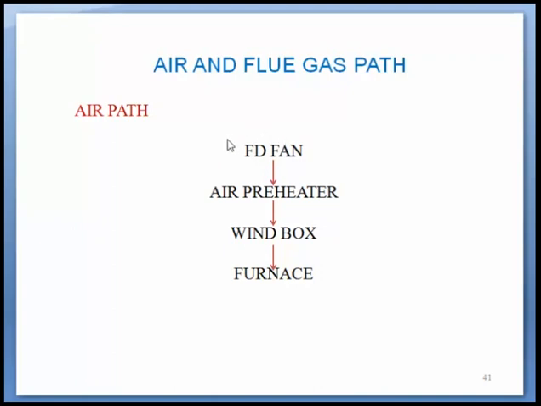The secondary air, also known as combustion air, is supplied by the FD fan. This air goes through the air preheater and gets heated, and finally is supplied from the four corners into the furnace for the combustion of pulverized coal.